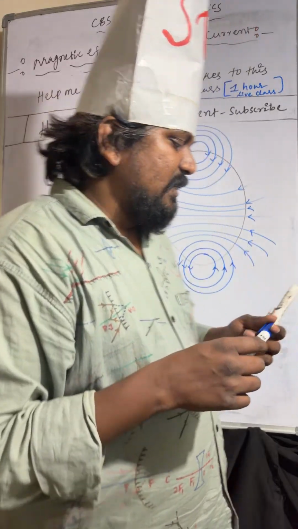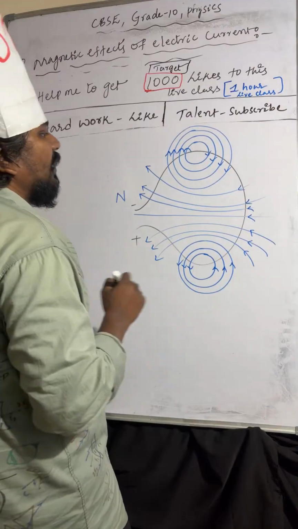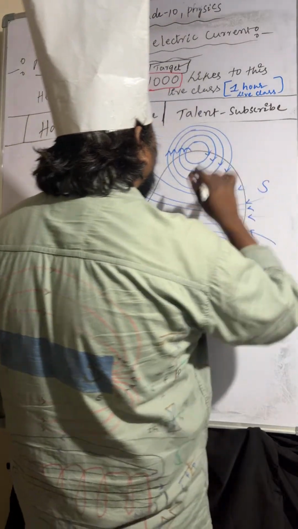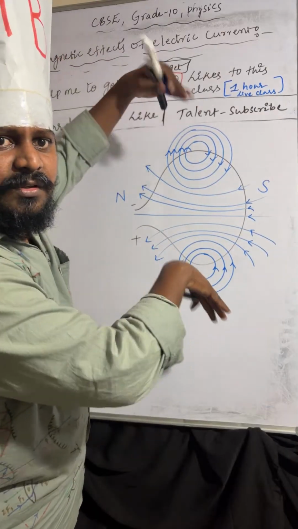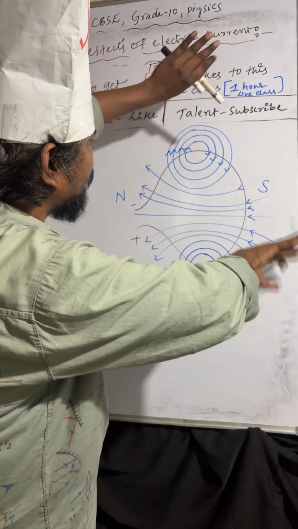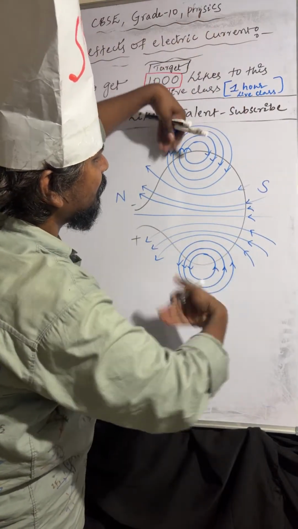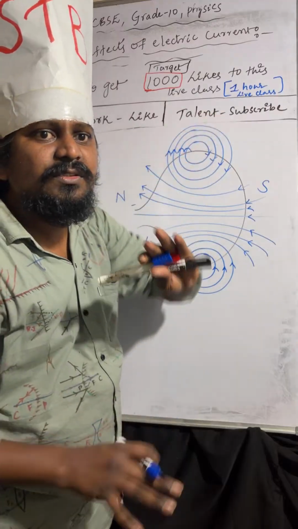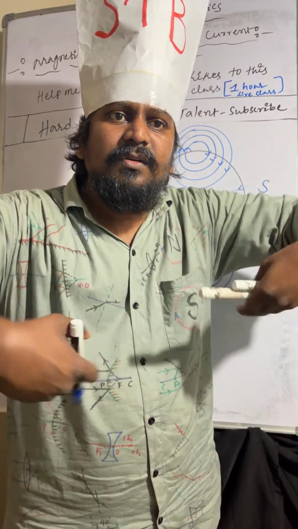So that's why this is north and this one is south. You can observe the field is moving out and reaching to south. Understood?